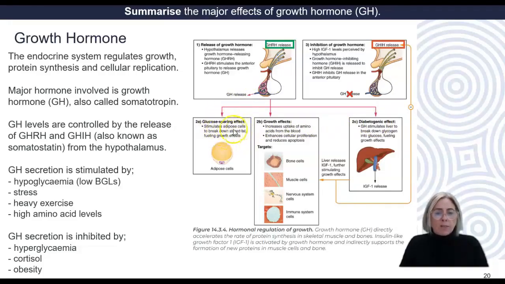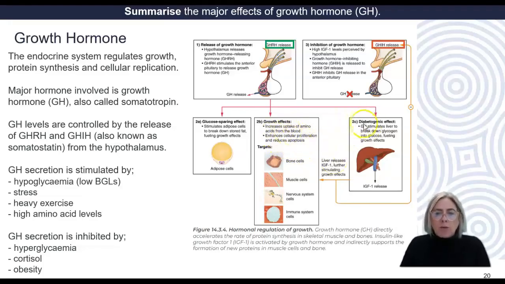It stimulates adipose cells to break down stored fat, fueling the growth effects, right? It also has growth effects itself. So it increases uptake of amino acids from the blood, and it enhances cellular proliferation. So it enhances cellular division and reduces apoptosis, which is that programmed cell death.